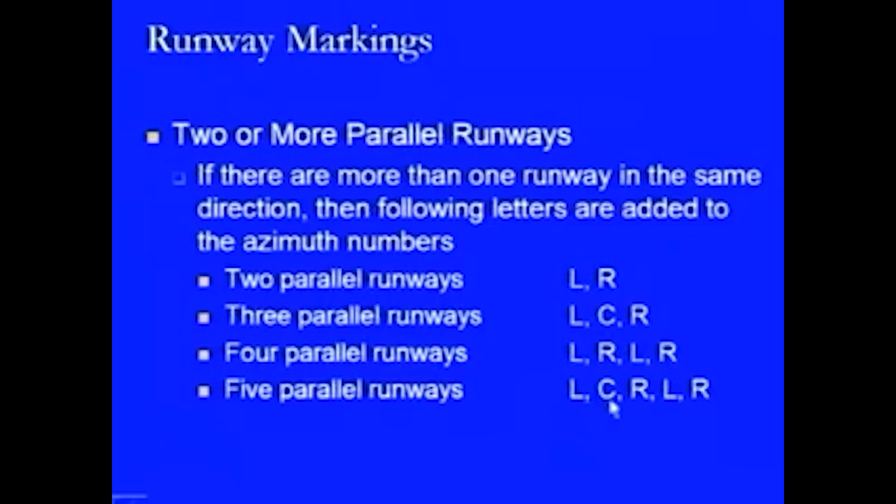So, we have one set which has the LCR condition, and then another parallel set defined by the L and R condition. This gives the information to the pilot that there is another runway strip on the other side, and the pilot has to be careful with respect to the operations going on on the other runway strip.